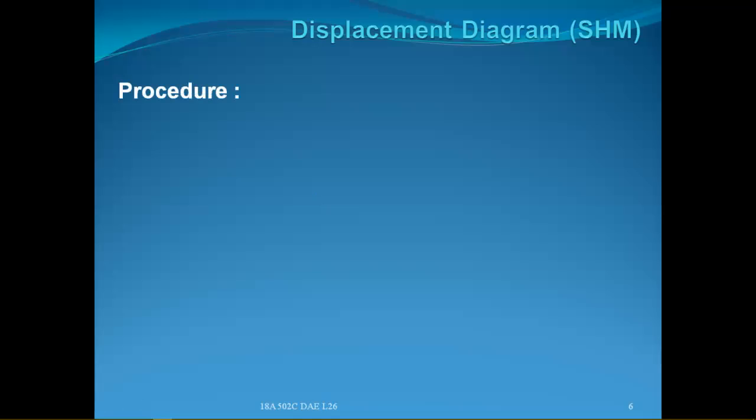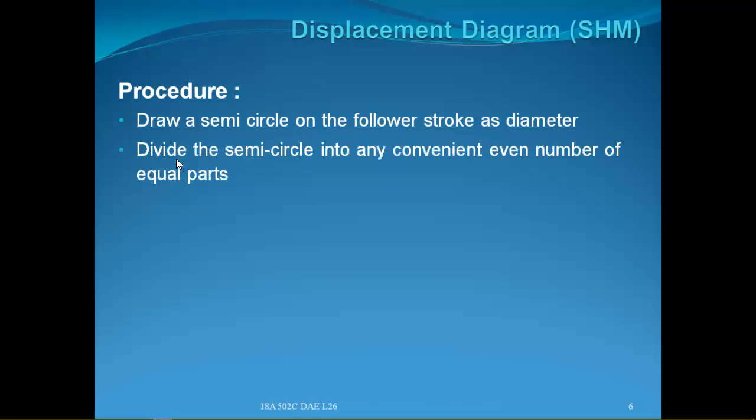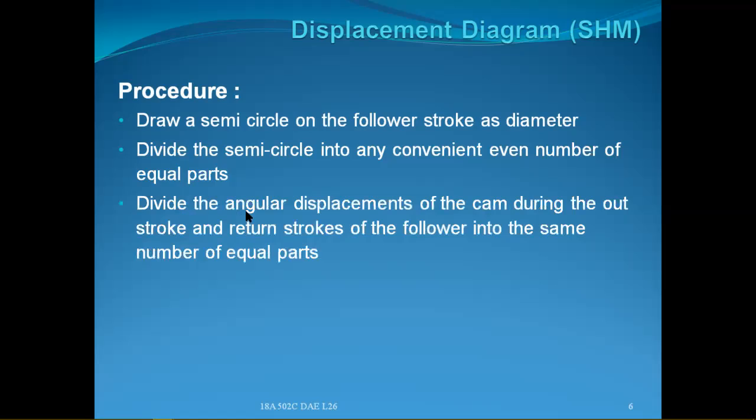Here is the procedure for the displacement diagram, once again to recall. Draw a semicircle on the follower stroke as diameter and divide the semicircle into any convenient even number of equal parts. Divide the angular displacements of the cam during the outstroke and the return stroke of the follower into the same number of equal parts.